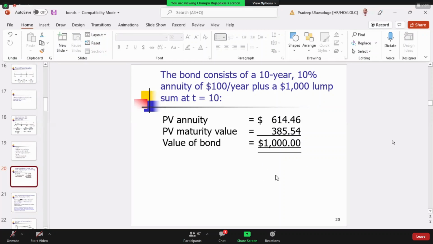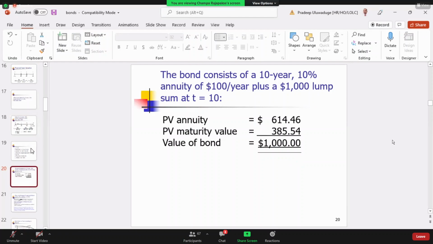So when you add these two together, you get the value of the bond as 1,000 rupees. So what you should agree to buy this type of bond at is the face value. You agree to buy at 1,000, not more than that.